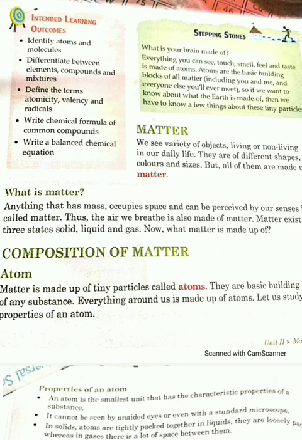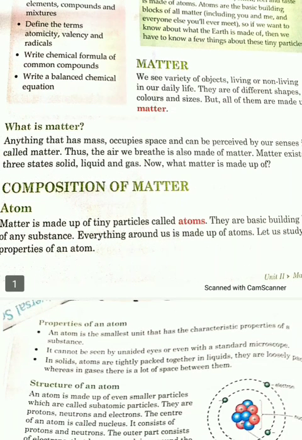So we can say the brick is the basic building block of that house, isn't it? In the same way, atoms are the basic building blocks of any substance. So everything around us is made up of atoms.